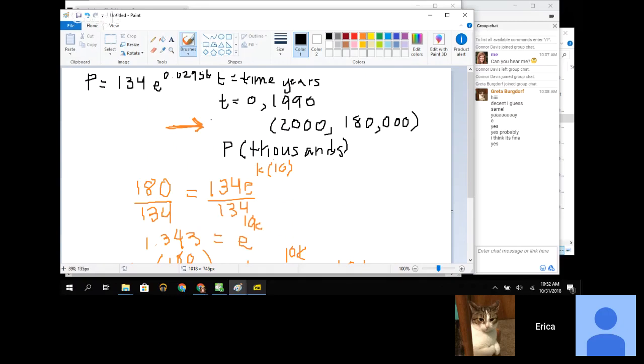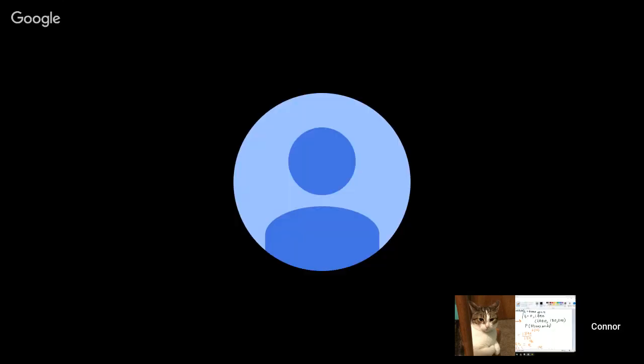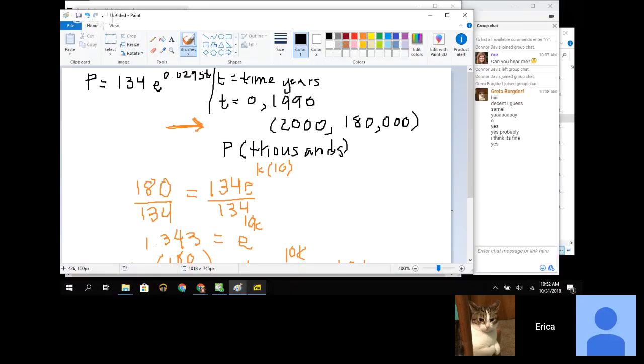And then I need to write a line here so you know that's by itself. So if I want to find the population in 2010, what am I going to put in for t? 20. Yep, exactly. That's it. That's all you're going to do.